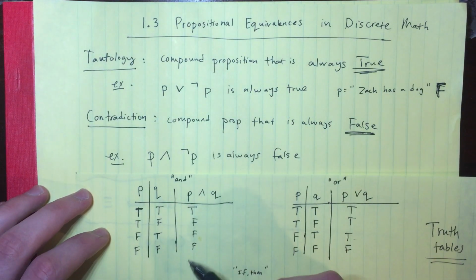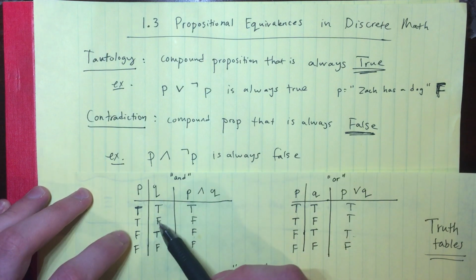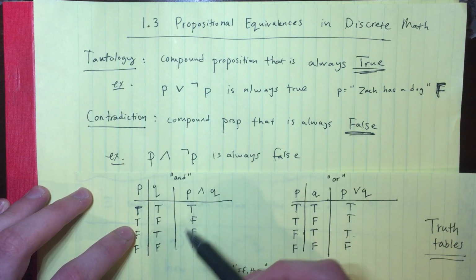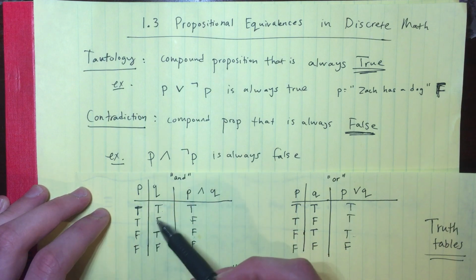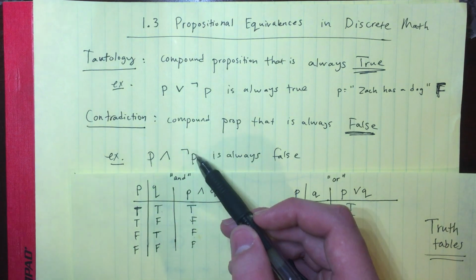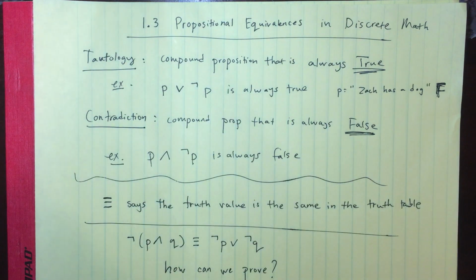In an AND truth table, whenever there's a false, it's going to be false. True and true is never going to be the case here. It's always going to have a false in it because you have this negation here. That's why it's always false. Those are two big terms you need to know for this chapter: tautology and contradiction.